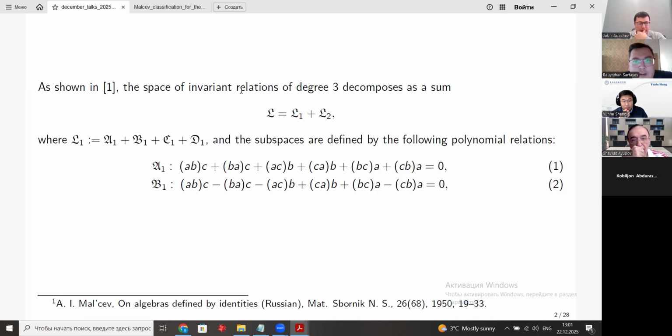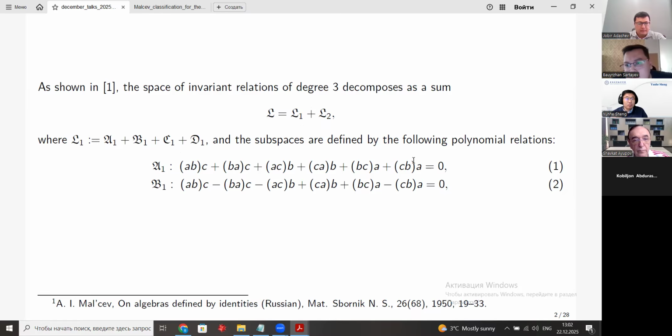the space of invariant relations of degree three can be decomposed as a sum of these subspaces L1 and L2, where L1 is a direct sum of the subspaces A1, B1, C1, and D1. These subspaces A1, B1, C1, D1 are defined by the following polynomial relations.